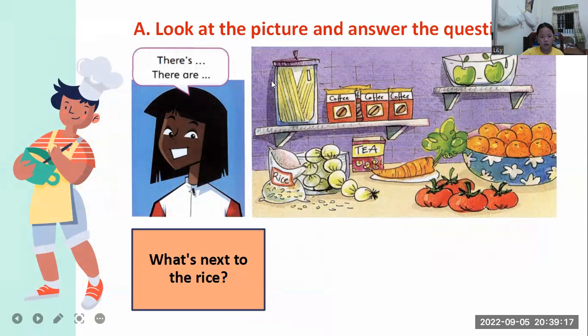What's next to the rice? Look at the picture. What's next to the rice?